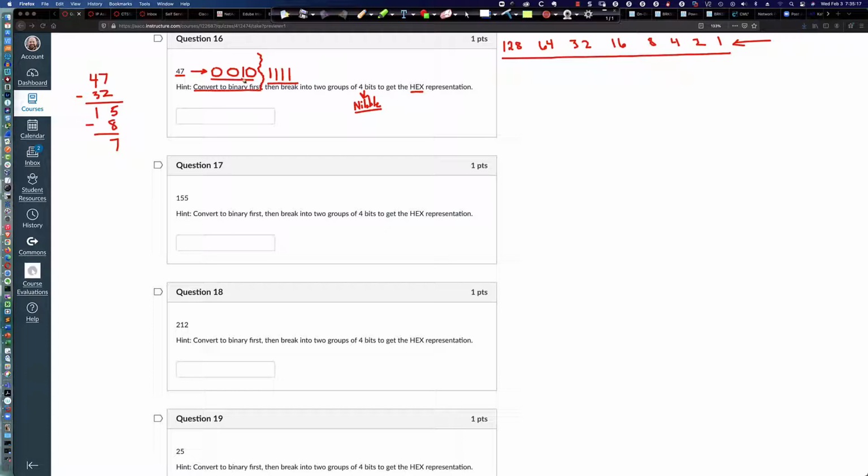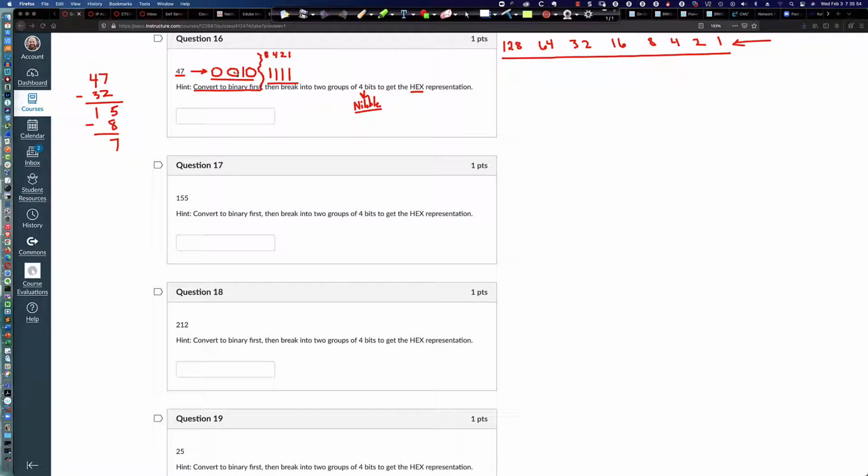However, when I'm converting from binary to hexadecimal, I no longer care about these top 4, the high order bit 4 values, because these are now each their own independent, mutually exclusive set of 4 low order bits, meaning for both of these, the rightmost position has a value of 1, and then 2, and then 4, and then 8.